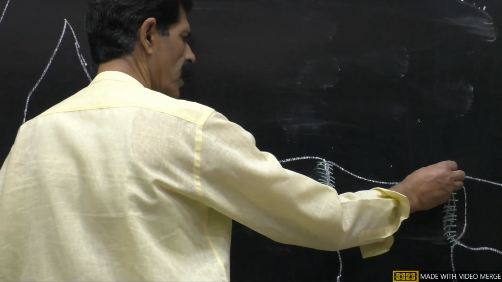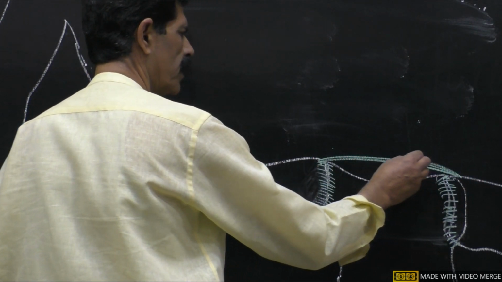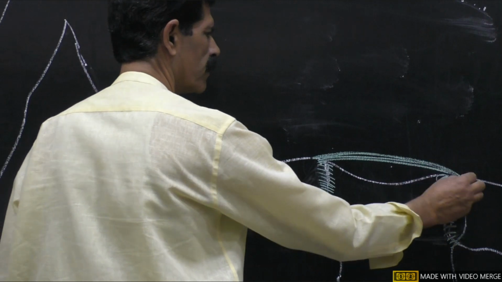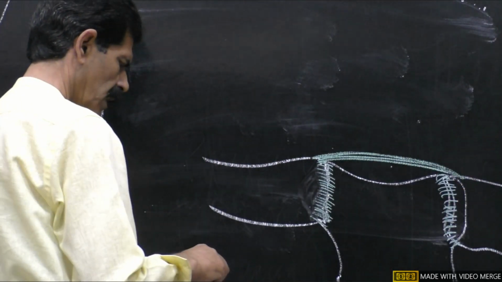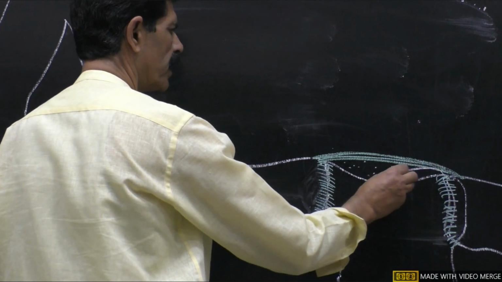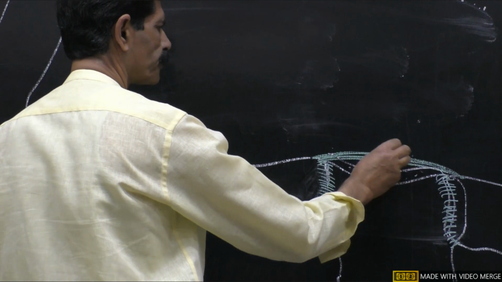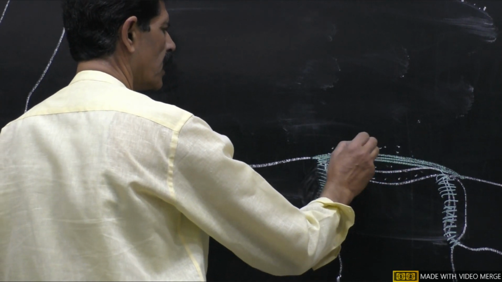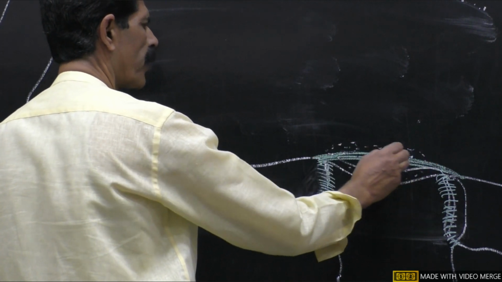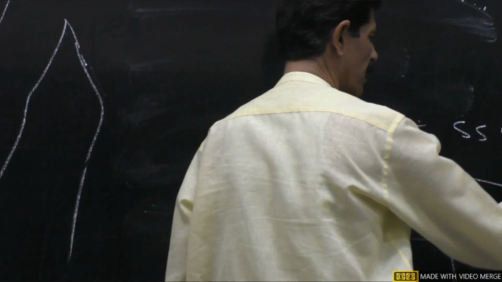And both the joints are interconnected by a ligament called the interclavicular ligament. This ligament is present in a space just above the sternal notch, where this ligament is suspended, called the suprasternal space of Burns.